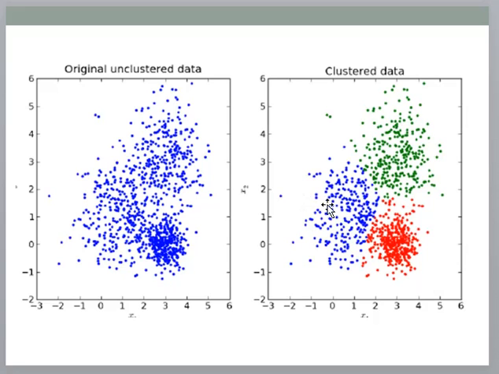So we have three categories or three clusters of data, and each cluster has a number of input samples. This can help us to understand the different underlying properties or structures of these data samples.